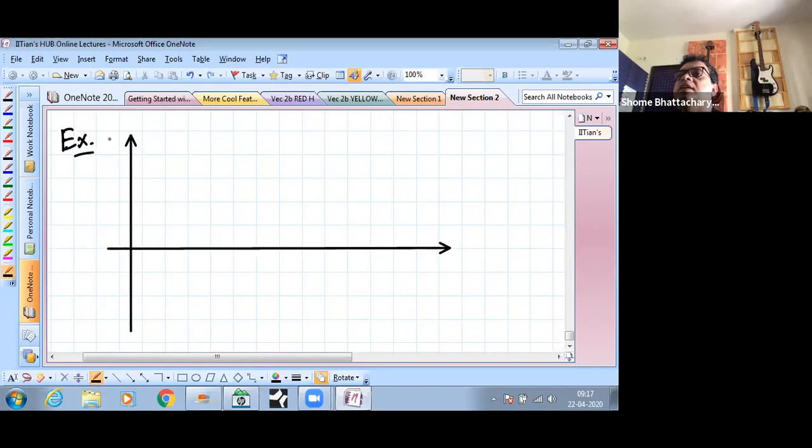So if this is again y versus x, and now the given shape actually looks something like this, let's say.